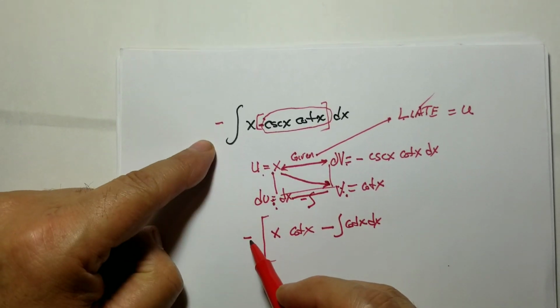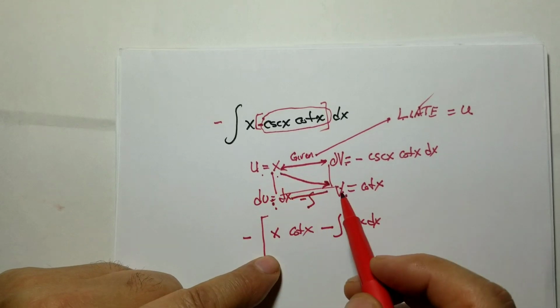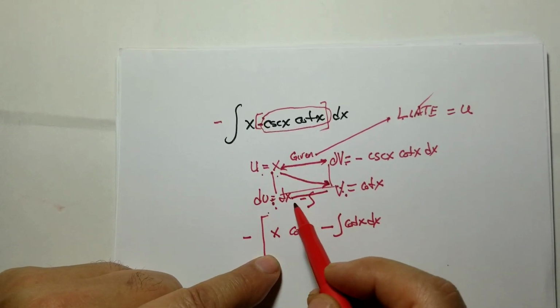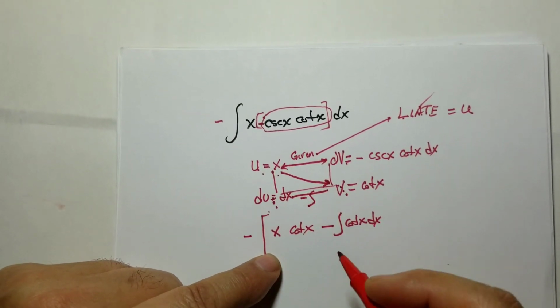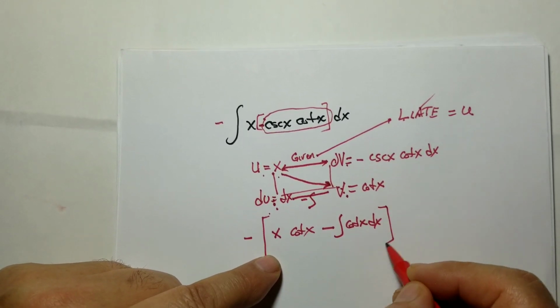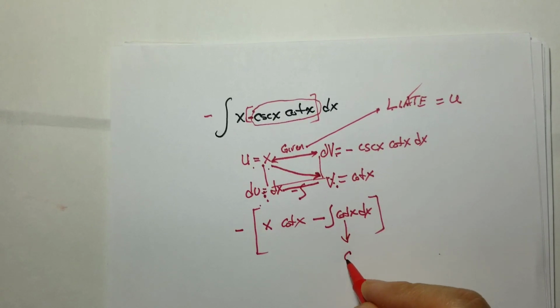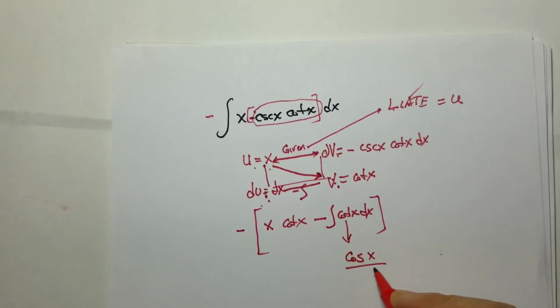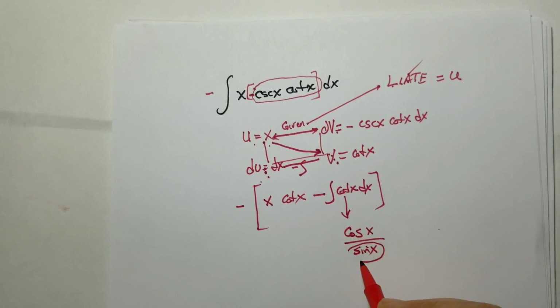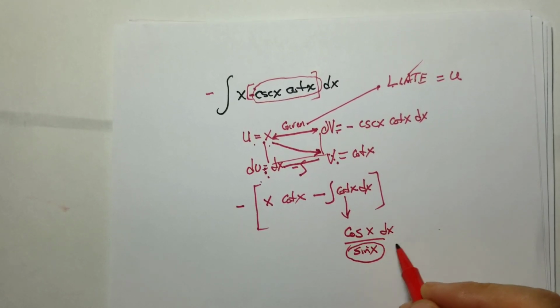Okay, I have a negative here. I had uv minus v du, but what function has derivative cotangent? There is not one. But I can write the cotangent as cosine of x over sine of x, and I make this one a u, and this one is a du.